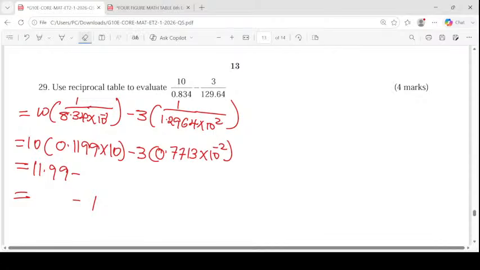So this will now become 0.7713 times 10 to the power of negative 2 times 3. This became 0.023139. 11.99 minus that, you get 11.966861.